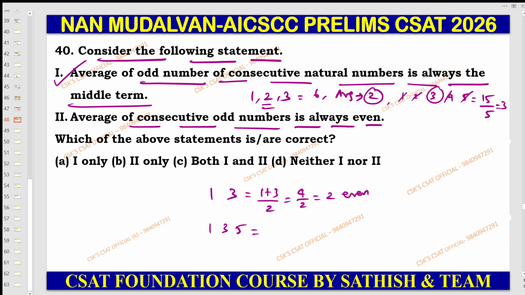This is also consecutive. If you take this one, it becomes what? 9. 9 by 3 is nothing but 3. Here in this case odd. So therefore even and odd changes. Here it says always even. That statement is wrong. So 2 is wrong, 1 is right. Understood? A is right. Getting the logic? Okay. Shall I move to the next?